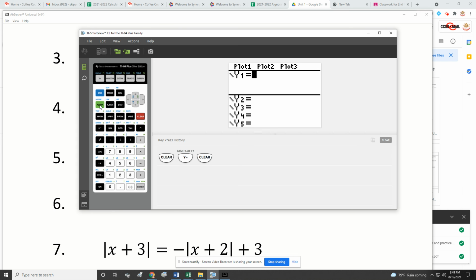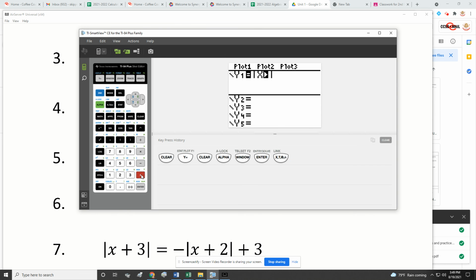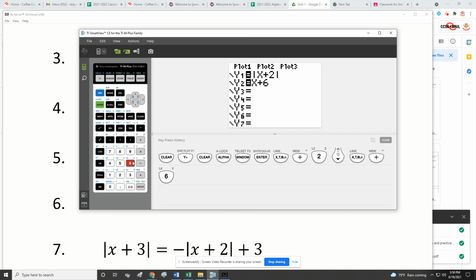So absolute value, if you look at your paper, is alpha window 1. All right, so that's our y1. For y2, we're going to put in the other side of the equation, which is x plus 6.